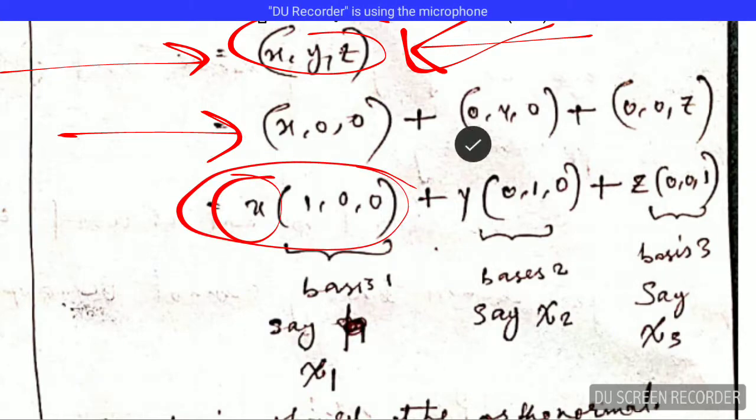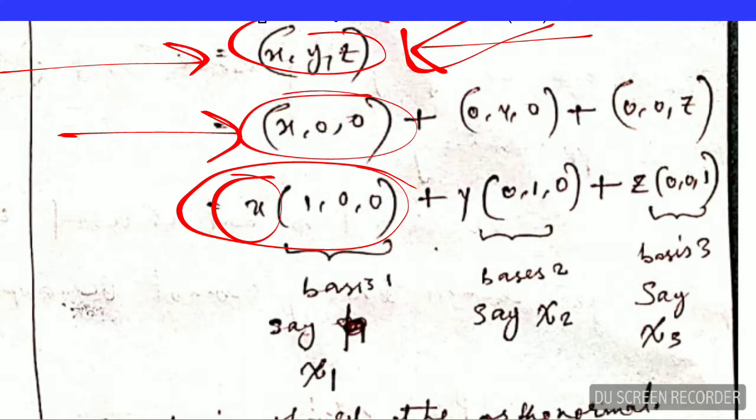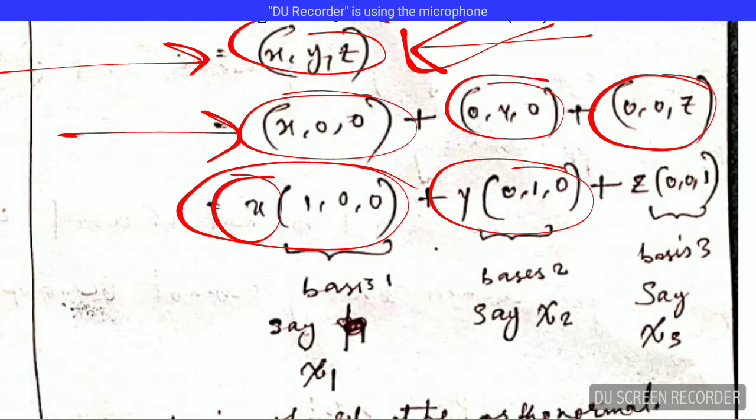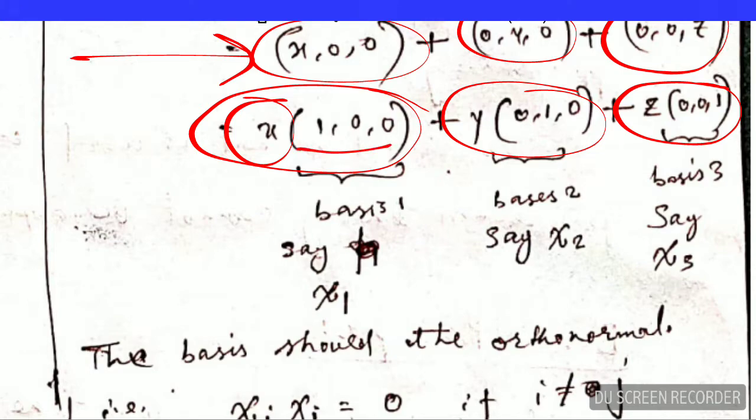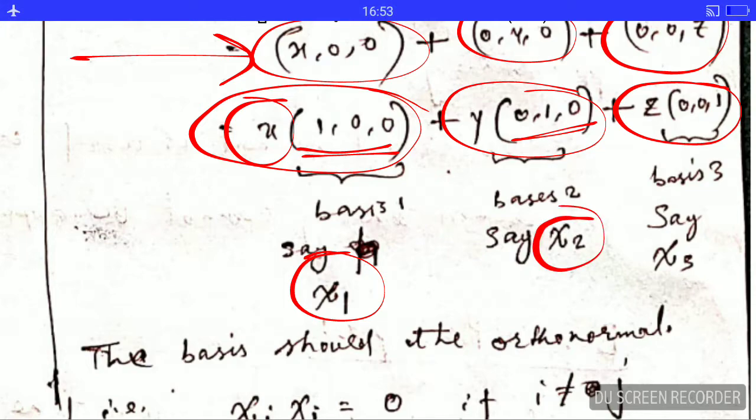Now what we can do is take out x from here, because if you multiply x inside, you will again get this. You can write this term like this. You can take out z from here, and it will come like this. Let's call this quantity chi 1, this basis 2 chi 2, and this chi 3.